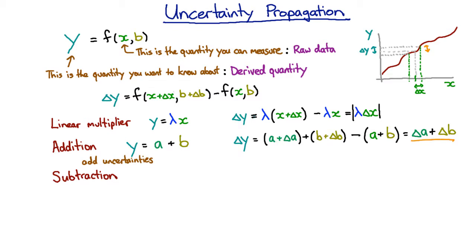And so we should really be taking the modulus of both of them because they should both be increasing the size of our uncertainty in our derived quantity. So if we have addition or subtraction, we should actually be taking the absolute value of both of the terms that we get out. And so in fact, addition or subtraction, in both cases, you add the uncertainties.